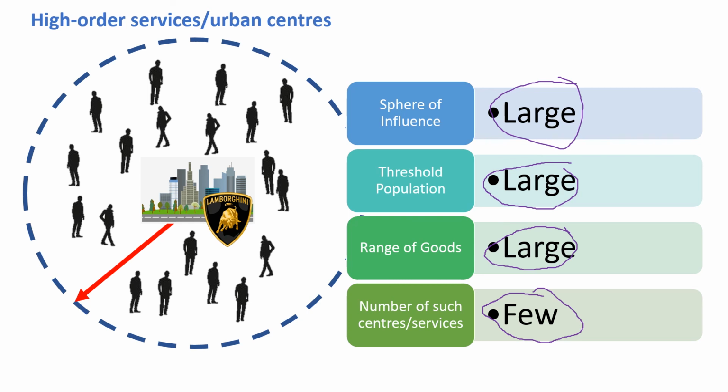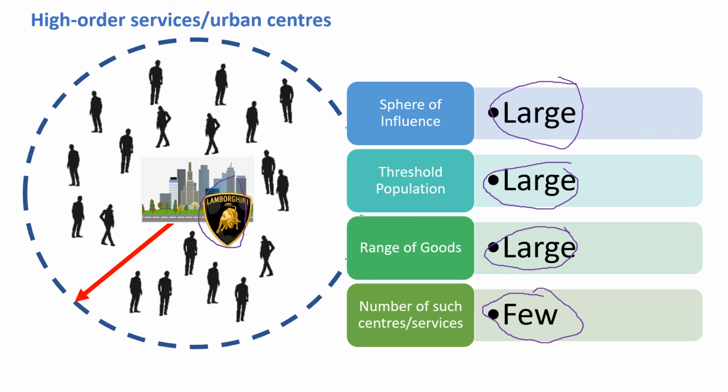And the same could be said for, say, a higher order good. Like an example is my expensive car. There is not an expensive car dealership on every street corner in South Africa, even though in some parts of cities, like say Sandton, it does look that way. So if you are in the market for an expensive car, you might even travel to a different country to access that.